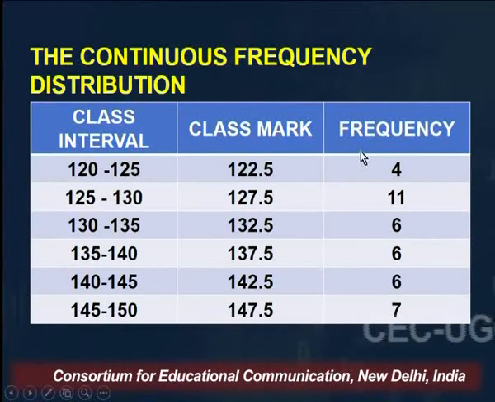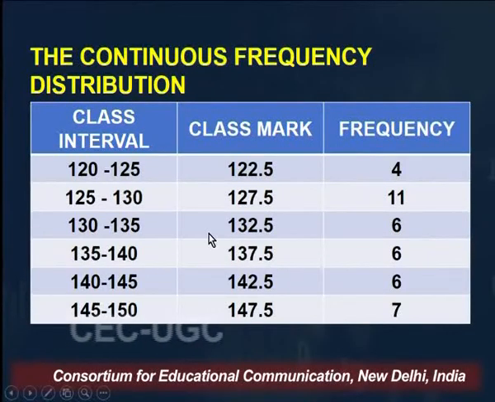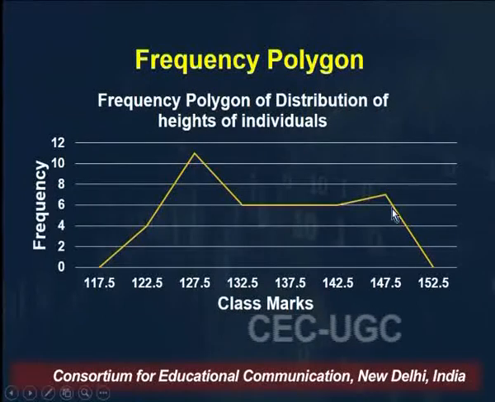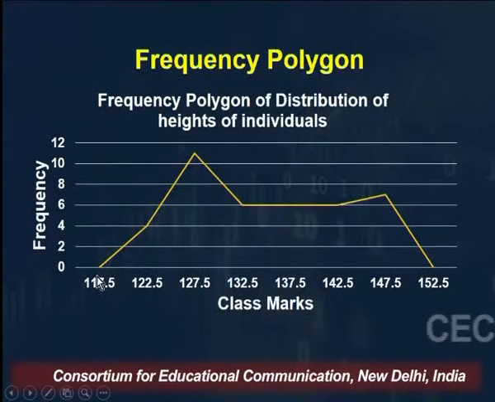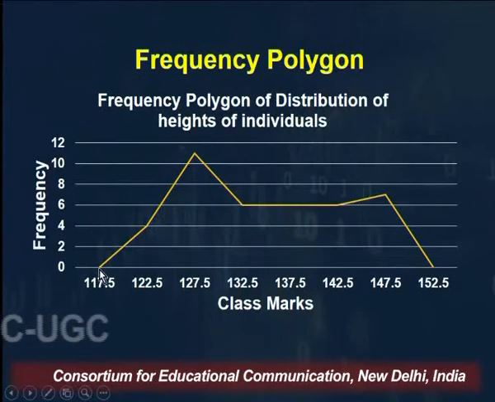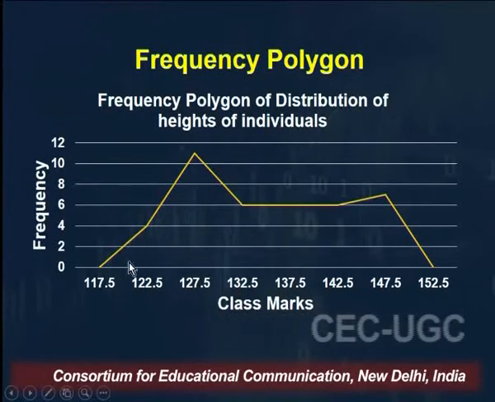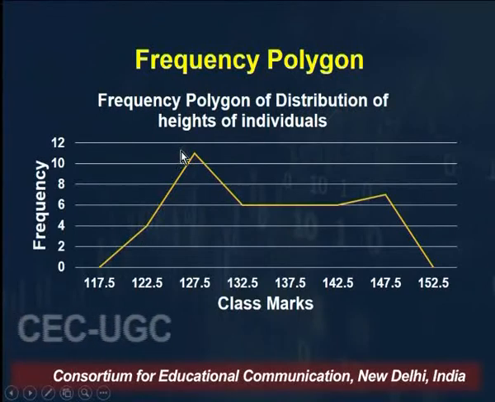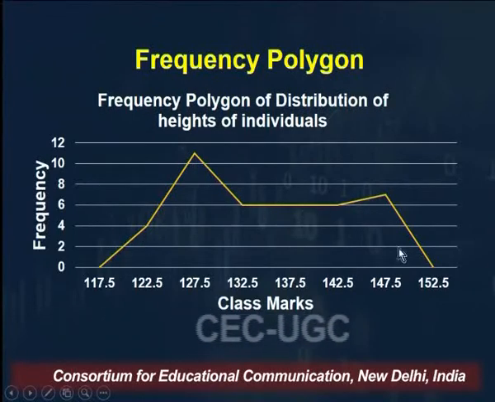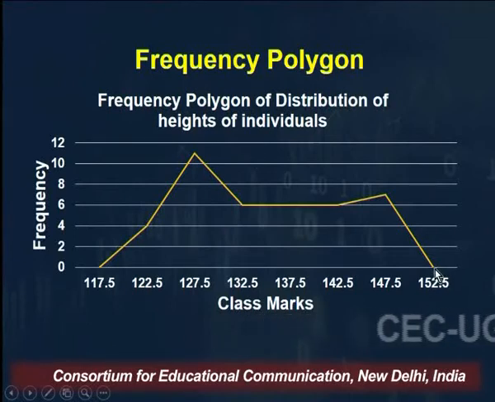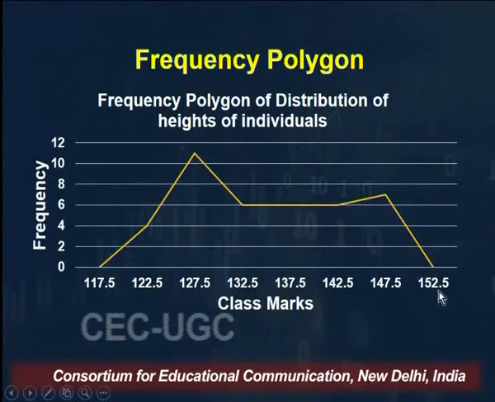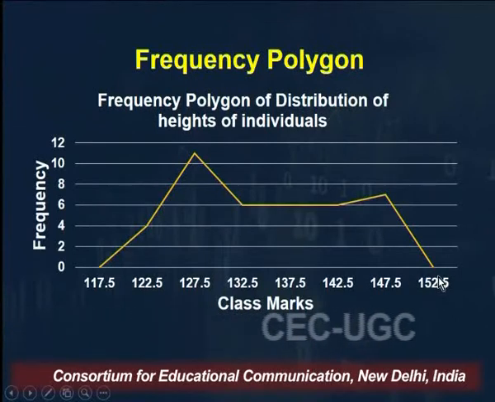So, I am going to plot the frequency polygon keeping this in mind, and this we must always keep in mind. This is the freehand curve that you obtain. As I told you, corresponding to the class mark 117.5, frequency is 0, and then you just keep on plotting the frequencies corresponding to 122.5, which was 4, and then 11, and then 6, and finally we go to the last class interval, which we had taken as 155 to 160, and there again the frequency becomes 0.